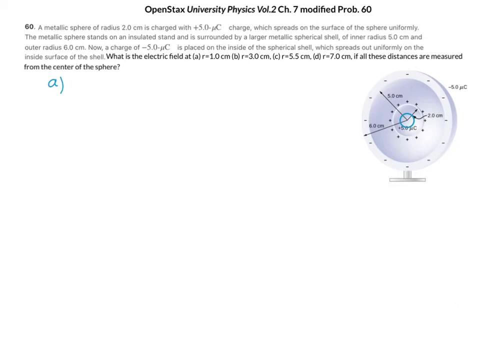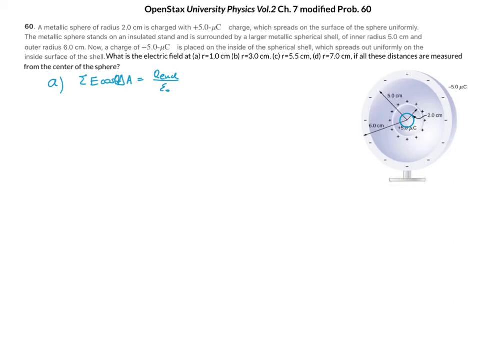And when we write down Gauss's law, the sum of the electric field component perpendicular to the area, or parallel to the area vector, is equal to the charge enclosed by the Gaussian surface divided by epsilon naught.